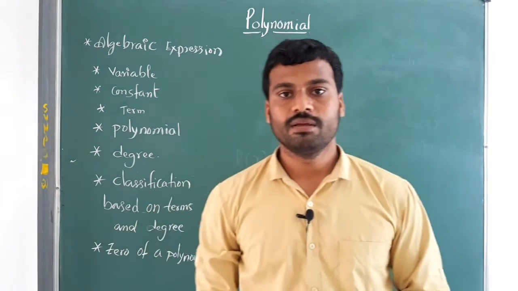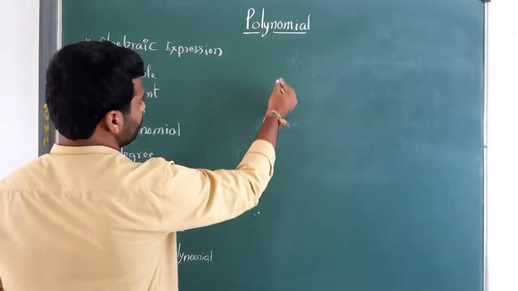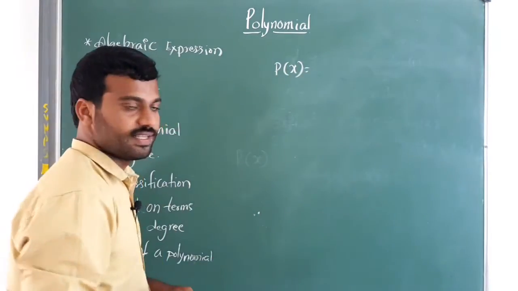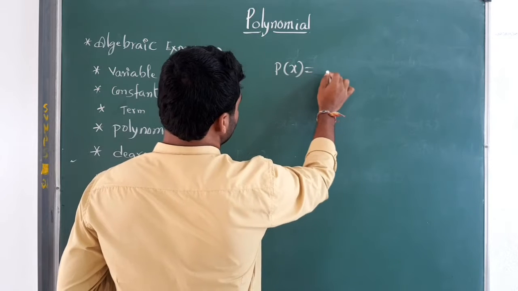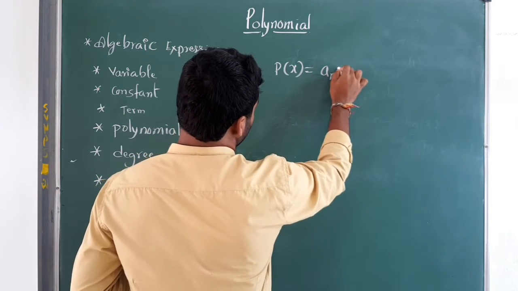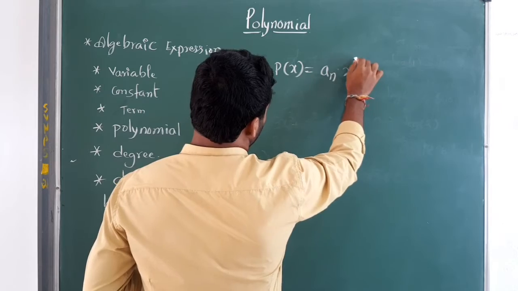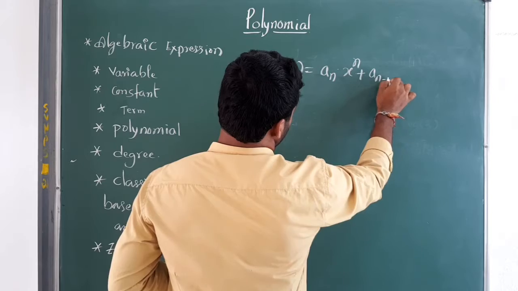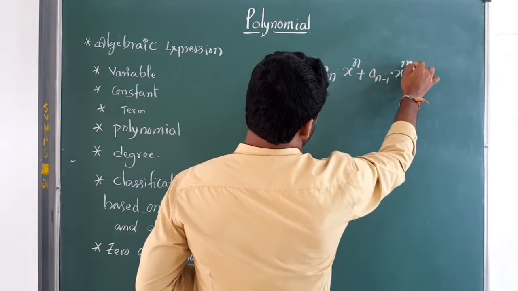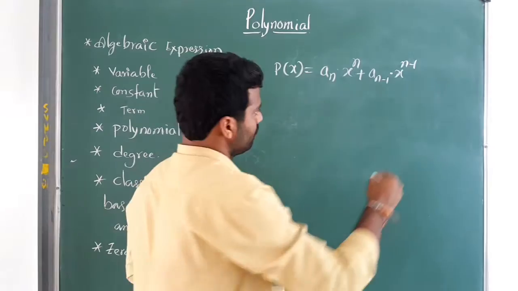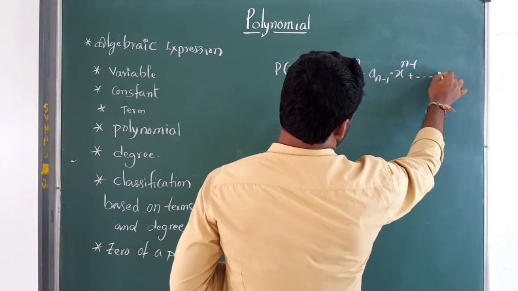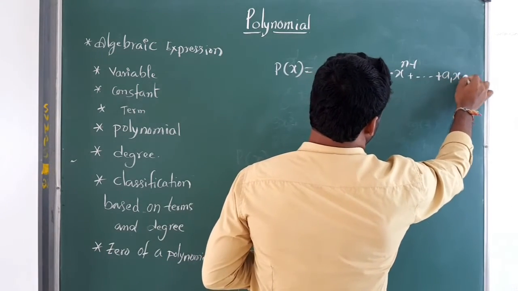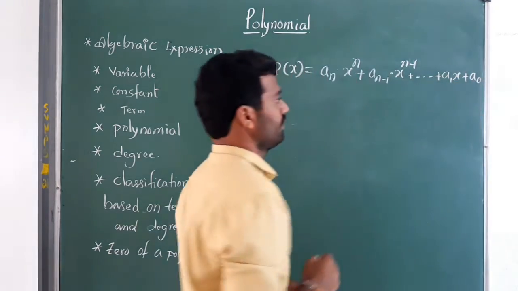So, the general form of the polynomial, how are we representing? P of x is equal to a n into x to the power of n plus a n minus 1 into x to the power of n minus 1 plus and so on, a1 into x plus a naught.